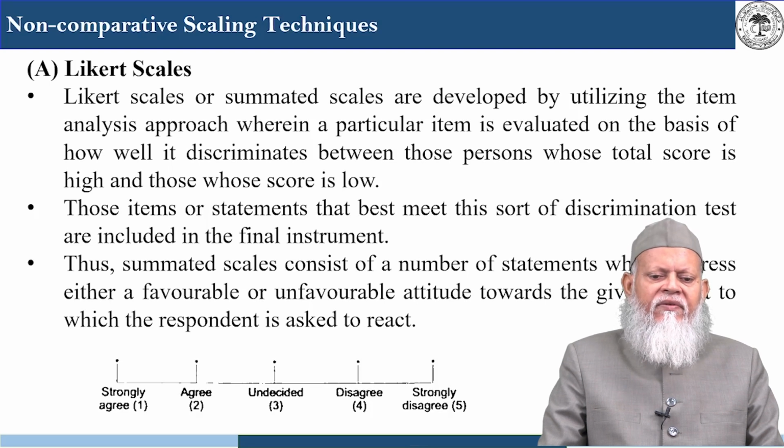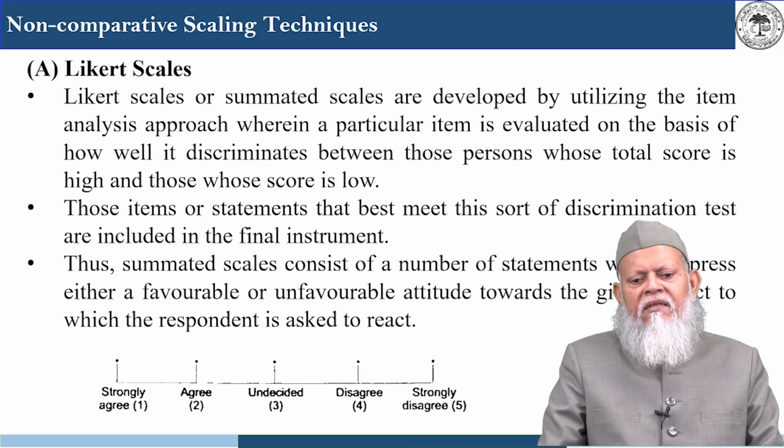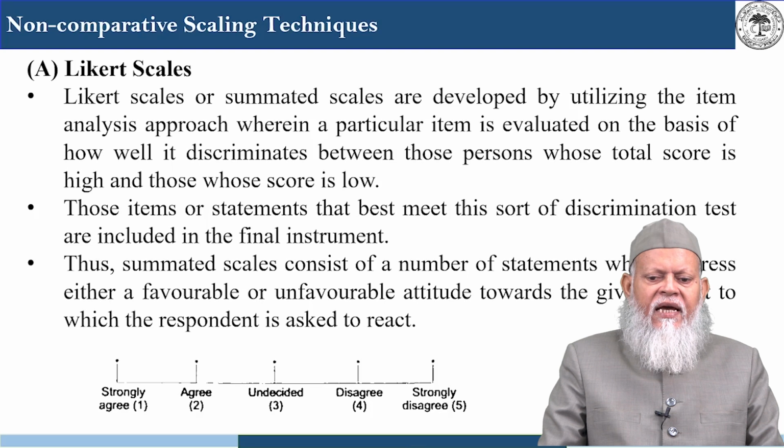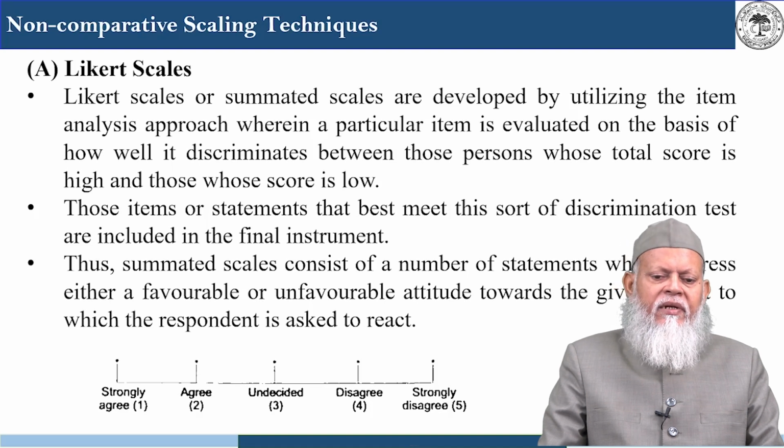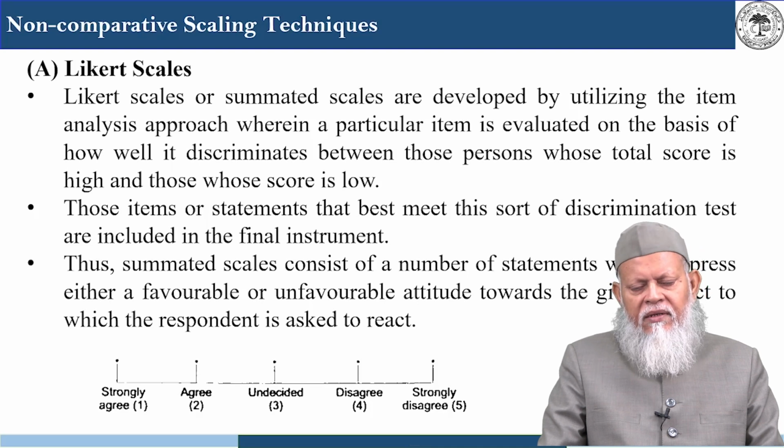And here we have, beginning from strongly agree, then undecided, then disagree, and then strongly disagree, giving them different scores, and depending upon those scores the Likert scale works. We will restrict ourselves to this for the Likert scale.